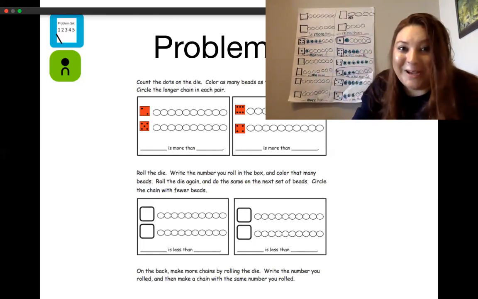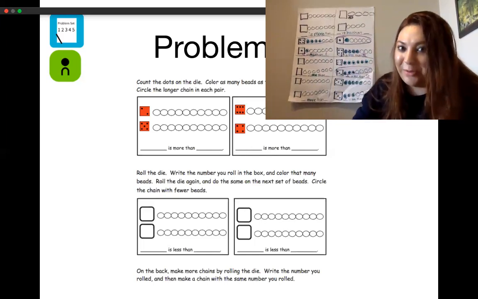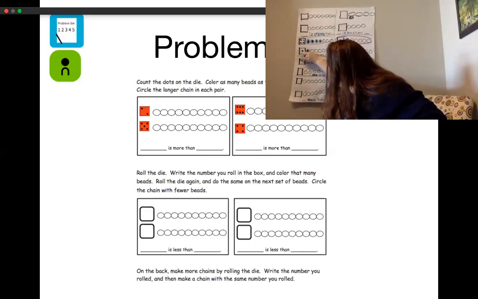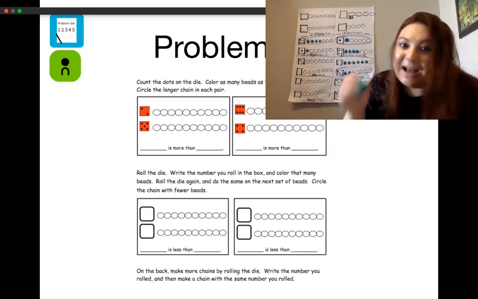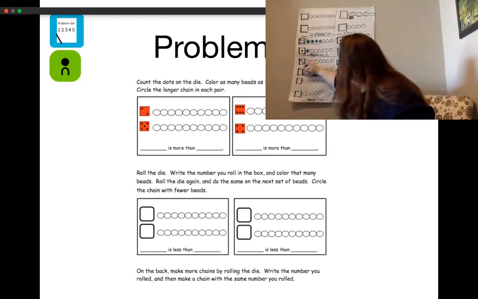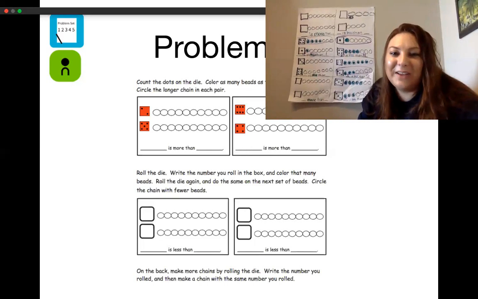Last round. Here we go. What number are we going to get? I got a 3. Let's do our 3. 1, 2, and 3. And a 6. 1, 2, 3, 4, 5, 6. Now let's fill in our beads.